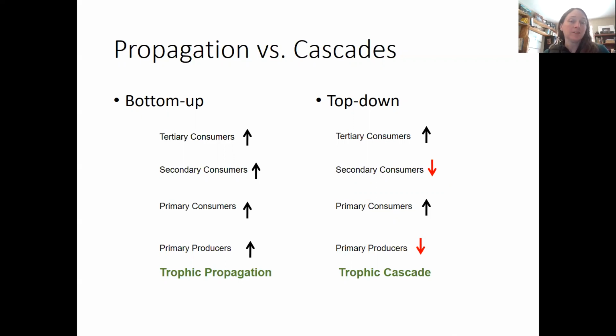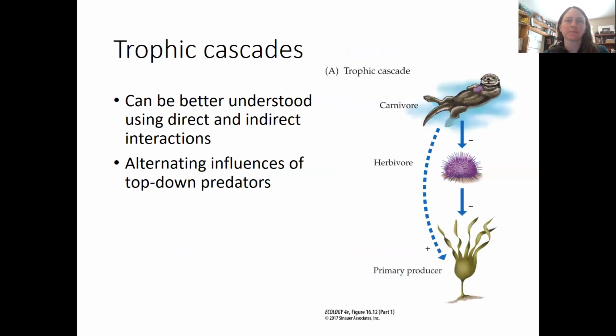But the decrease in secondary consumers alleviates pressure on the primary consumers, so their populations go up. And because their populations go up, then the populations of primary producers go down. This flip-flopping of arrows that you see at the different trophic levels is called a trophic cascade. It's more like a bouncy waterfall than a straight up or down propagation.